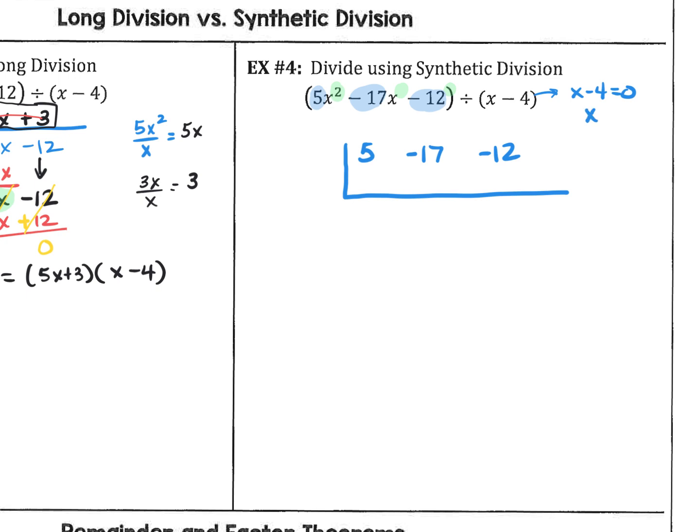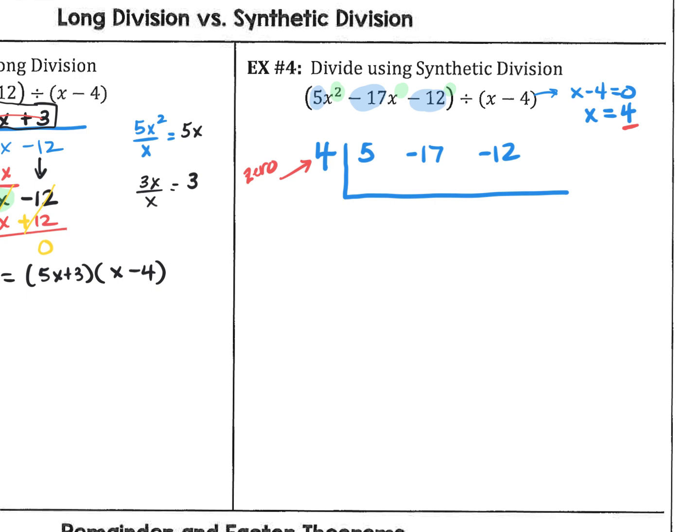Set it equal to 0 and solve. So what is x? 4. So that's what goes out here. Make yourself a note: this is the 0, not the factor. If you're doing long division, you put the factor. If you're doing synthetic division, you put the 0.